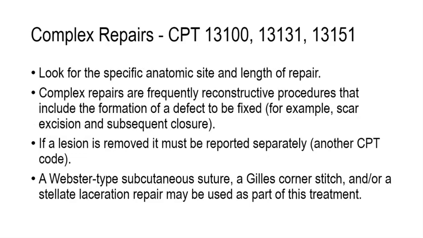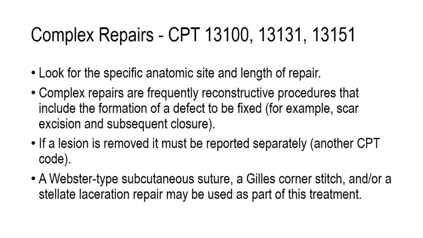When assigning complex repairs, look for the specific anatomic site and length of repair. Complex repairs are frequently reconstructive procedures that include the formation of a defect to be fixed. As an example, scar excision and subsequent closure. If a lesion is removed, it must be reported separately.